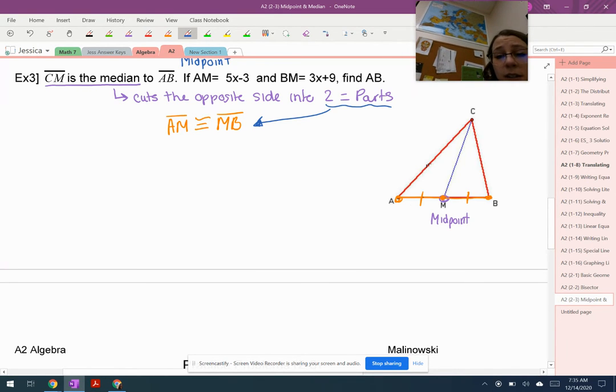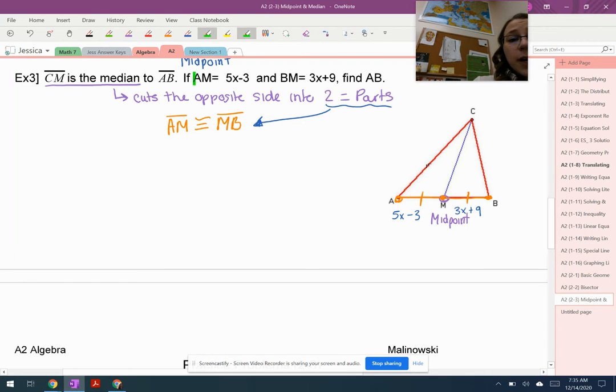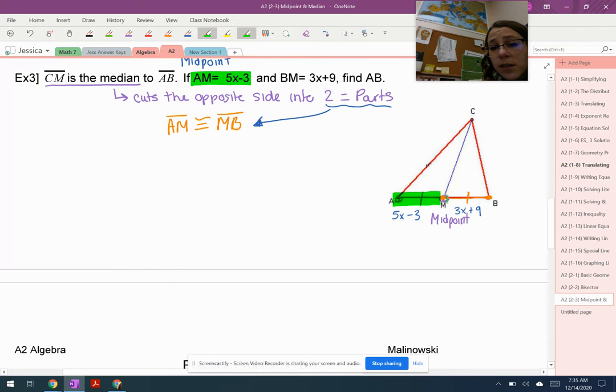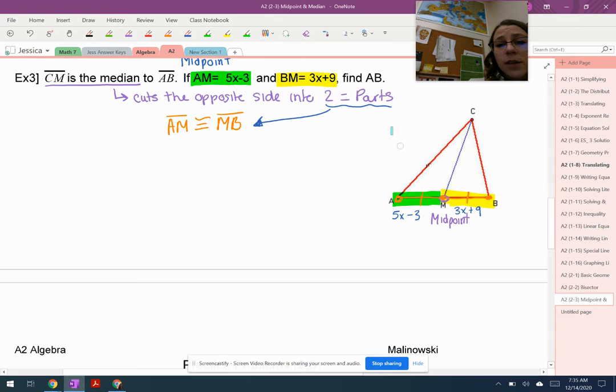They tell us that AM is equal to 5x minus 3, and that MB is equal to 3x plus 9, and they want us to find AB.